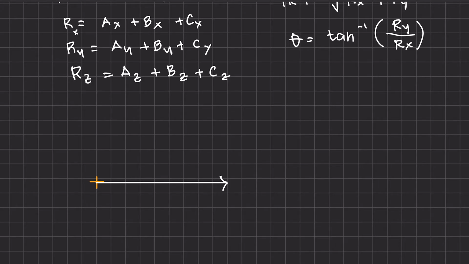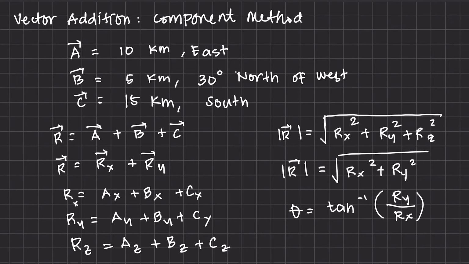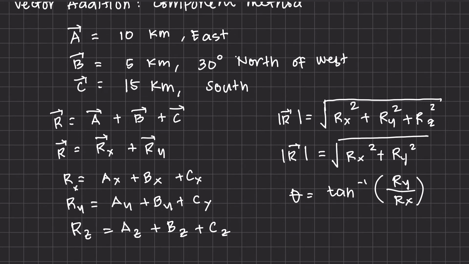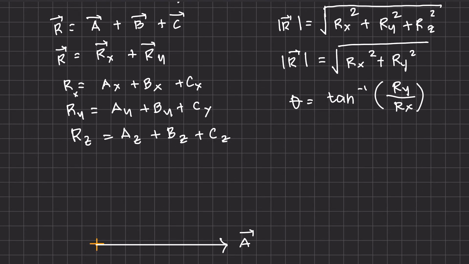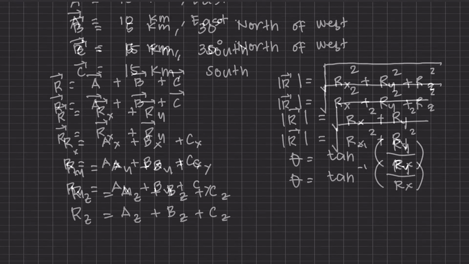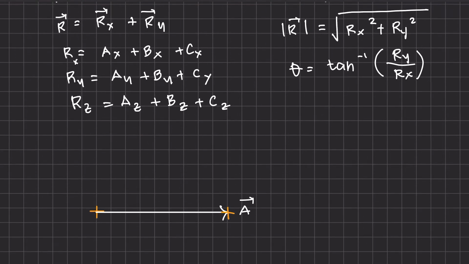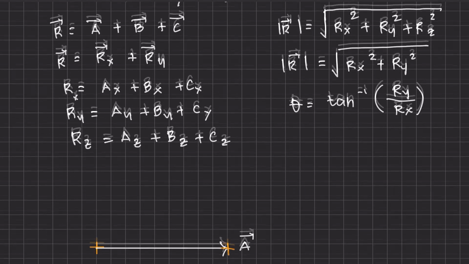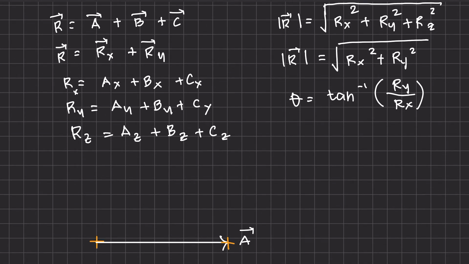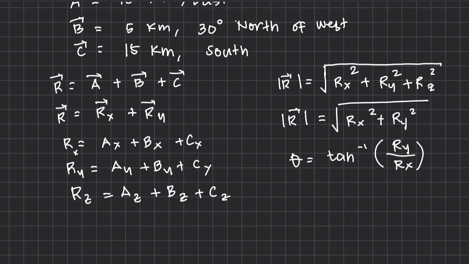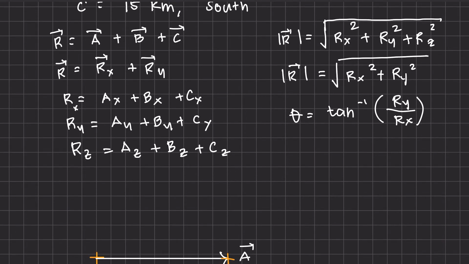So label the vector A. Next is vector B, 5 kilometers 30 degrees north of west. So I'll draw an imaginary X and Y Cartesian plane here. So you have 30 degrees. So north of west, that is at the second quadrant.